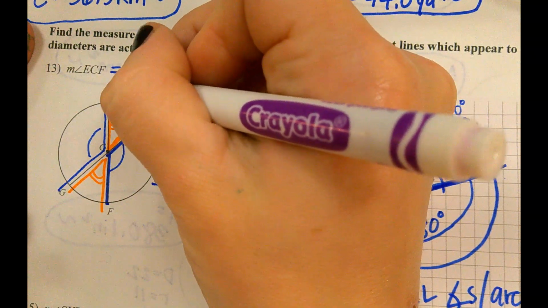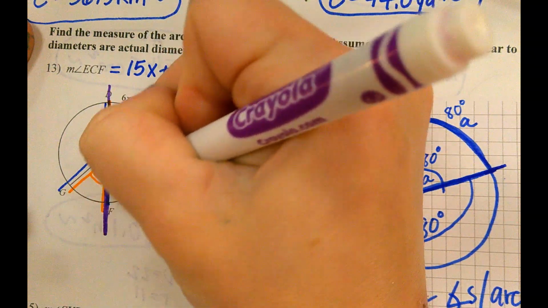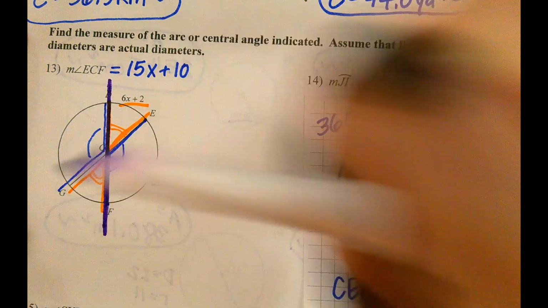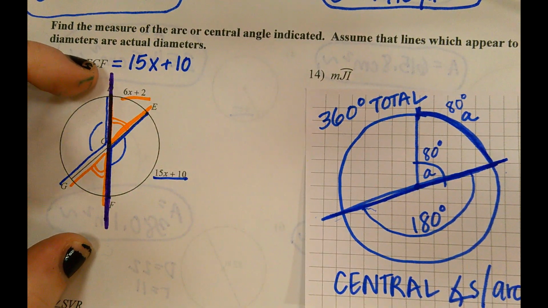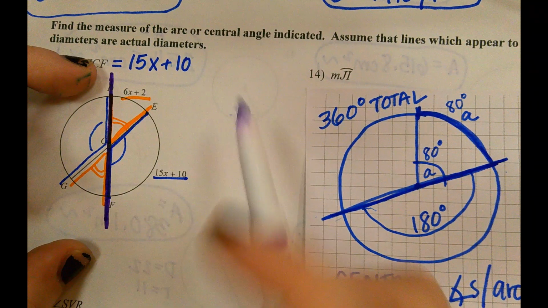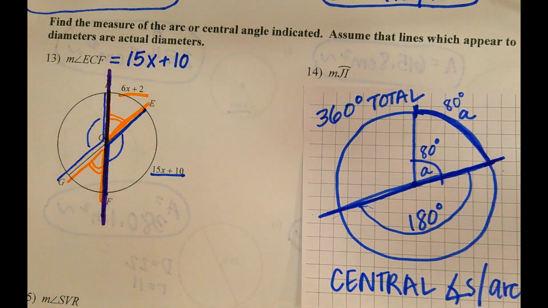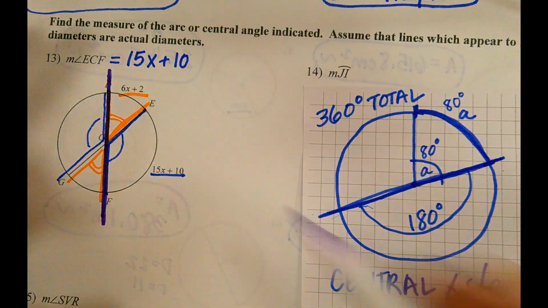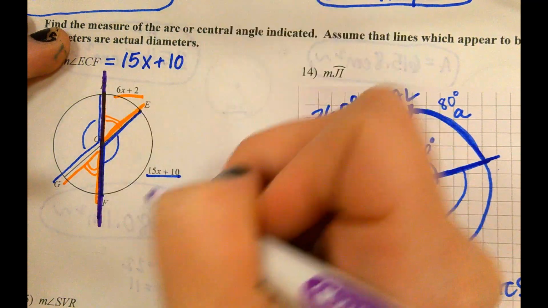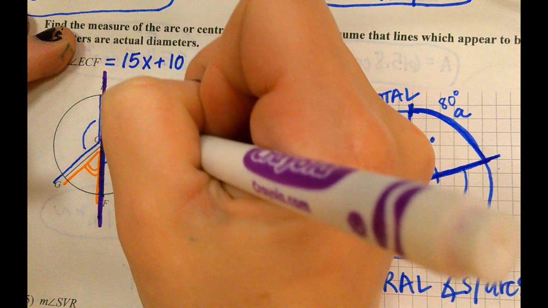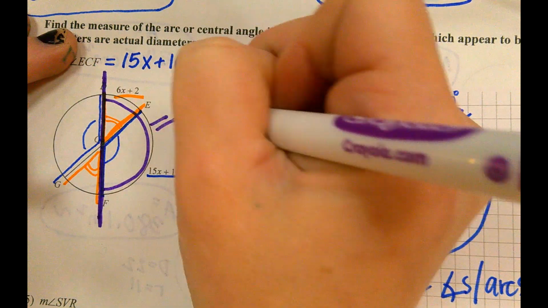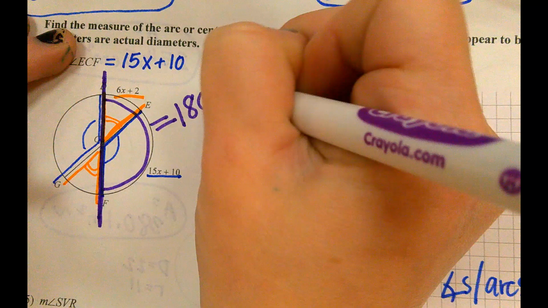We have a diameter right here. Since I have a diameter, I have half of a circle. How many degrees is half of a circle? It's 180. So I know that either half is equal to 180. We can mark that here. This equals 180 degrees.